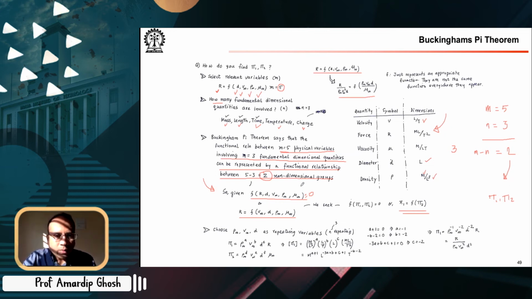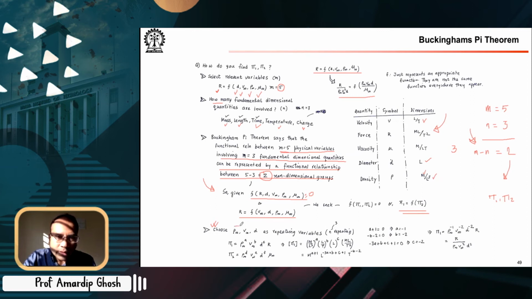So from the Buckingham's Pi theorem approach, we get this for this particular problem. It will vary from problem to problem depending on how many relevant variables there are, so how many m and how many n. And we see that for this problem, we have 2 non-dimensional variables. Now this is the important step.